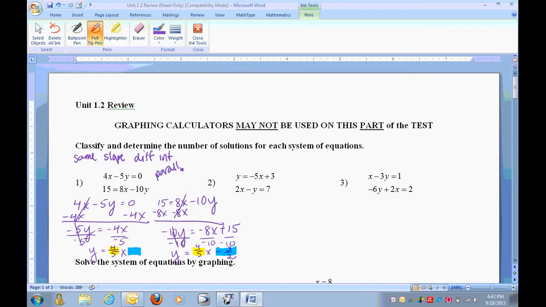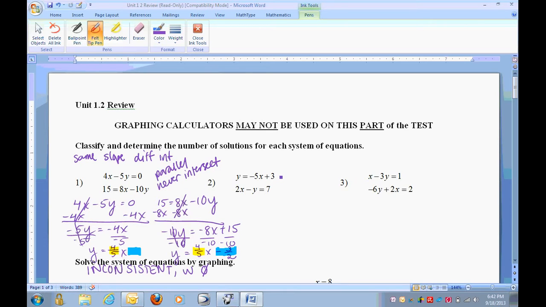So they will never intersect. So the answer to number 1 is inconsistent, with no solution.